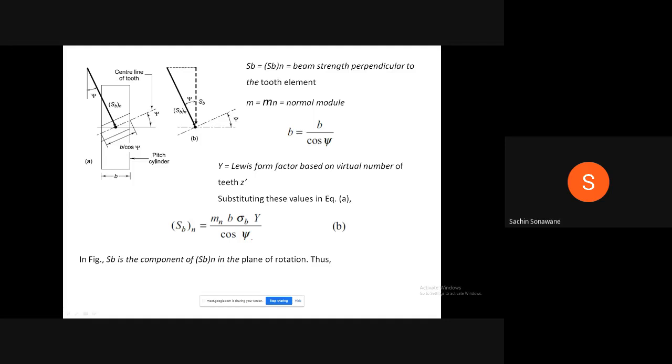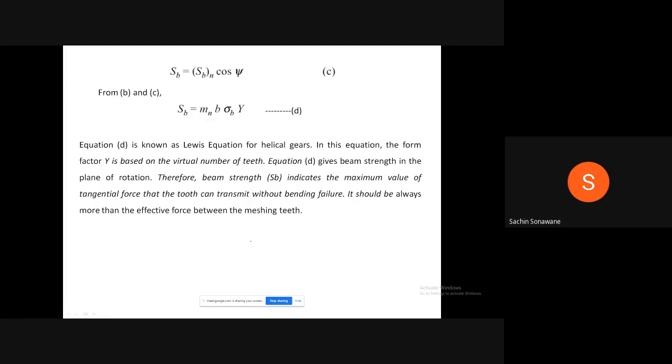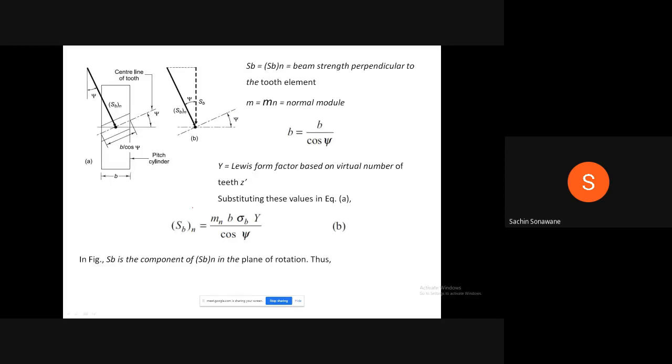I think you have written. Now we have to find out SB, the vertical force.